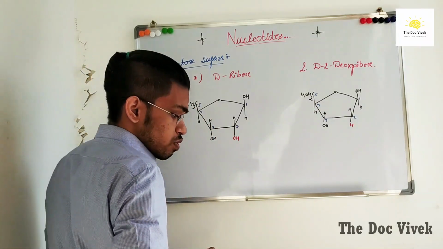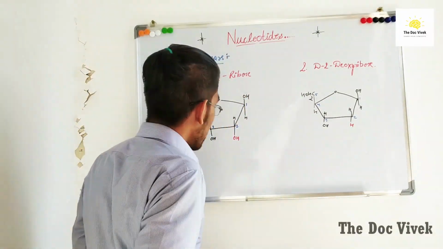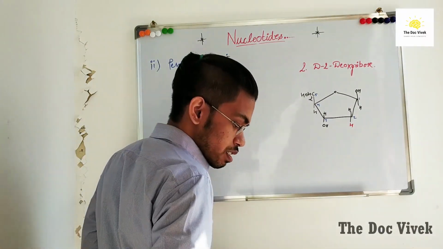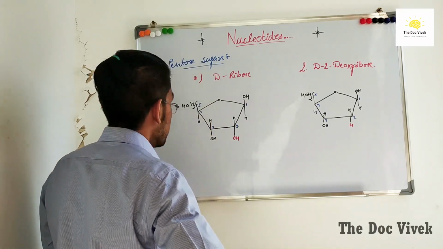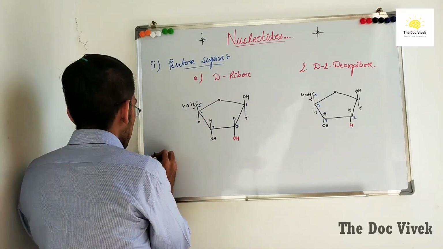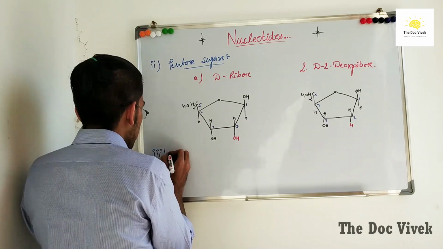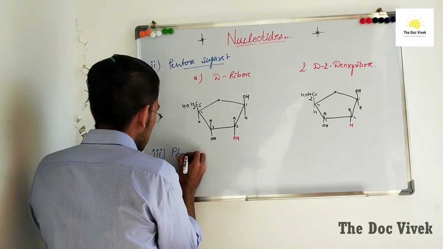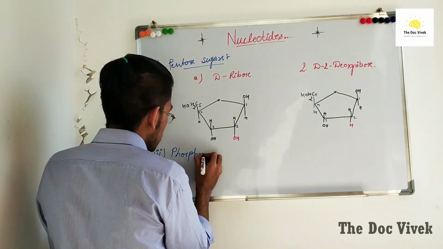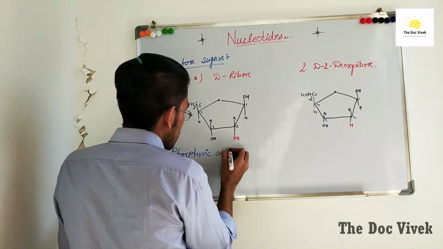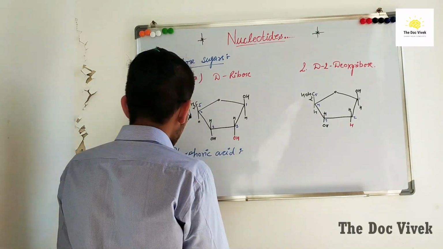Okay. So this was all about pentose sugar, and now the next term is phosphoric acid. Third one is phosphoric acid.